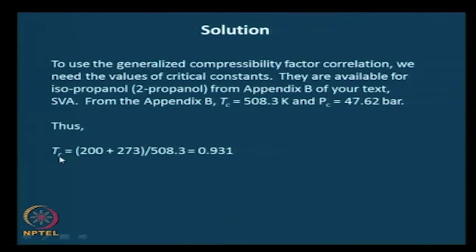Therefore, the reduced temperature turns out to be 0.931, and similarly the reduced pressure, the conditions were 10 bar and 200 degrees C, so 10 by the critical pressure 47.62 bar turns out to be 0.21.